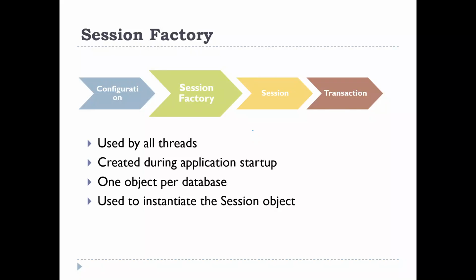Next is the session factory object. So the session factory is used by all threads, and there is one session factory object per database, which is used to create the session object. So since it is used by all threads, maybe they are accessing the session factory simultaneously. That is why session factory is made a thread safe object.